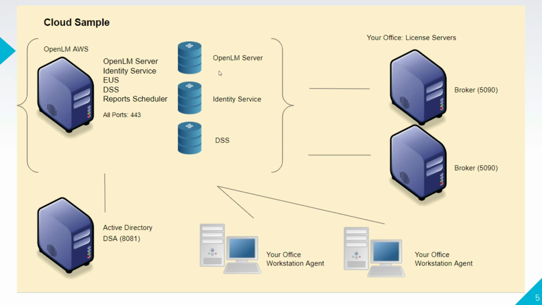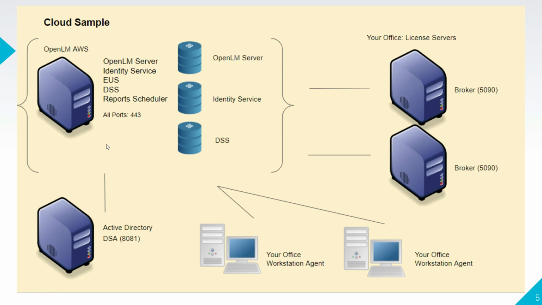And then otherwise, you just have to install the broker in your license server, and install the workstation agent on your target machine, target PC. And if you want to import users and groups from Active Directory, you can also deploy DSA in your office.